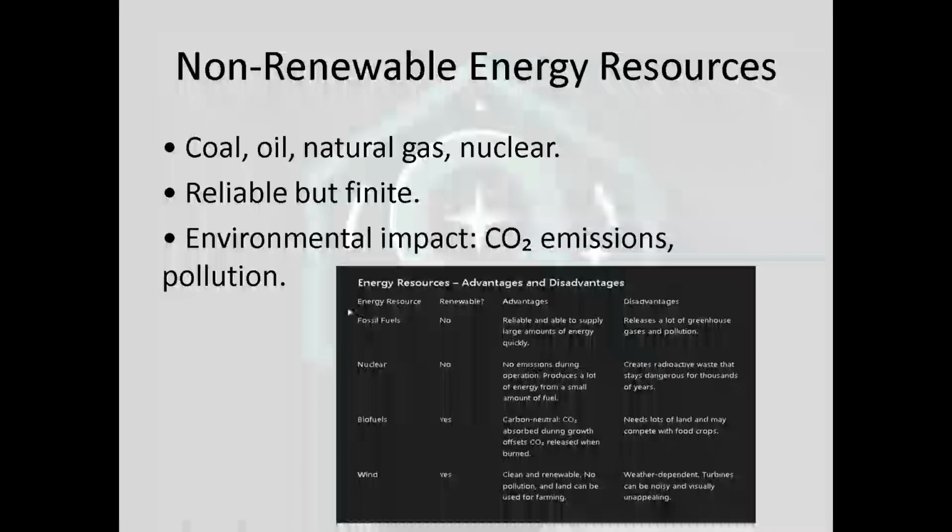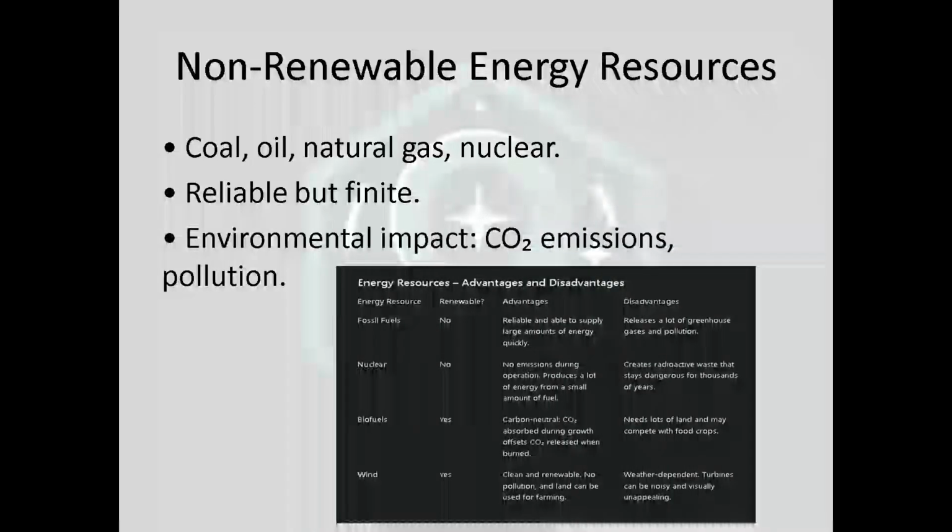I have created a table here of the energy resources and their advantages and disadvantages. For example, biofuels are carbon neutral, essentially that the carbon dioxide absorbed during growth of plants is released when burned. However, it needs a lot of land and may compete with us having to grow crops for food.